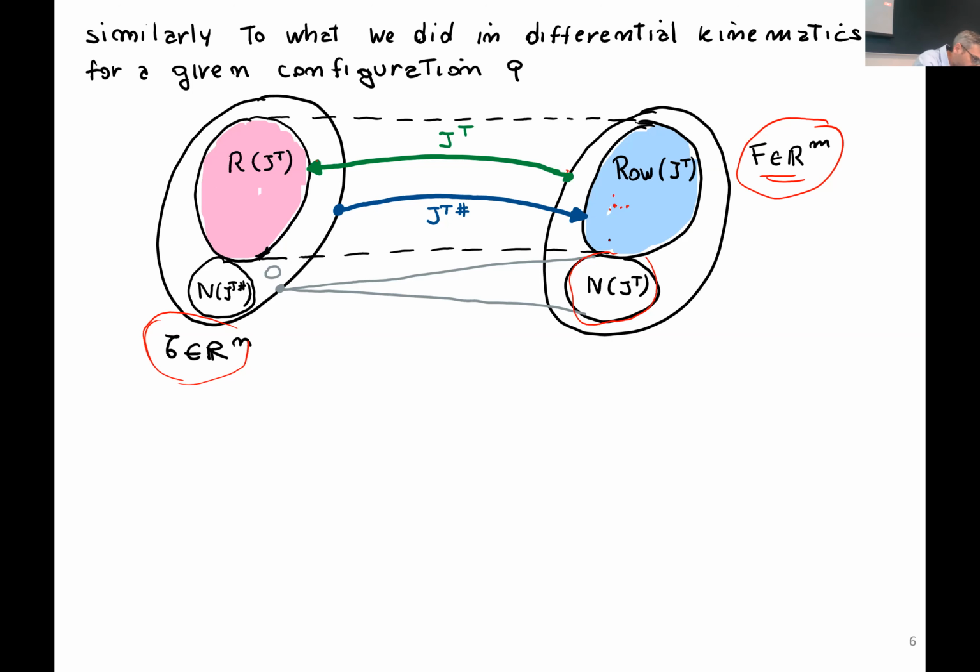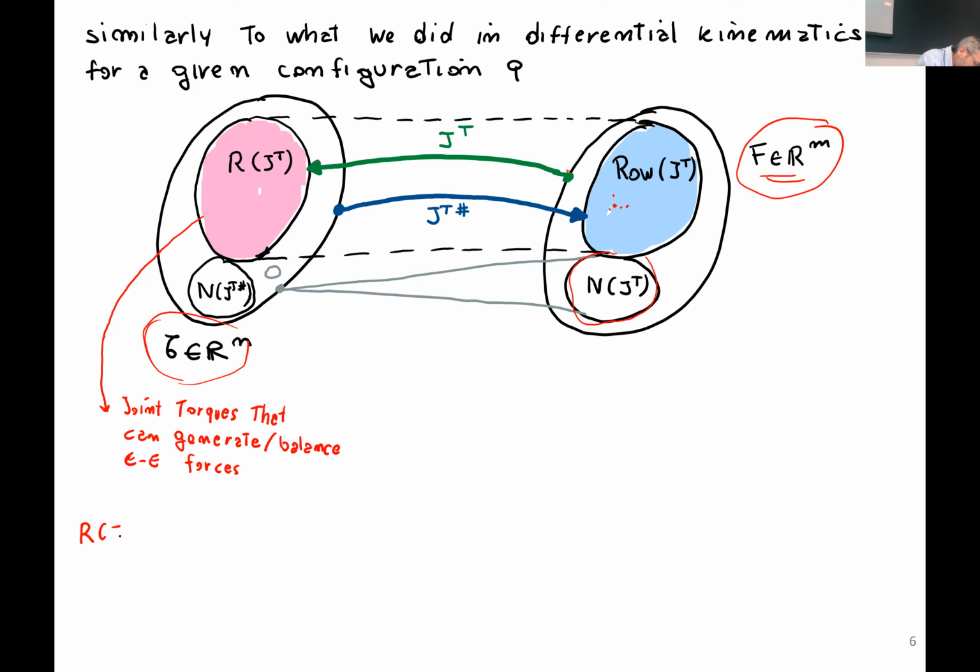so let's write this before. These are the joint torques that can generate or balance the end effector forces.